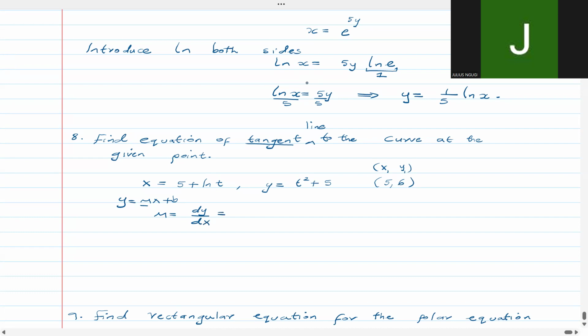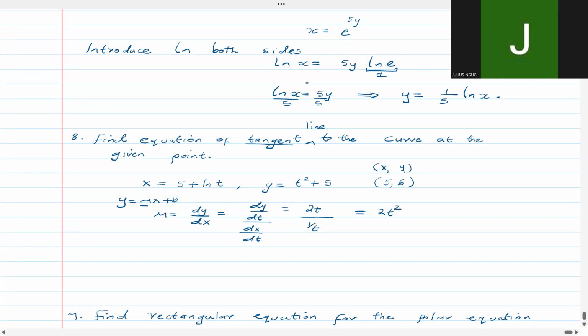In this case, we have dy with respect to t, then we divide by dx with respect to t. So dy dt is just 2t, and dx dt is the derivative, which is 1 over t. So this simplifies to 2t squared.